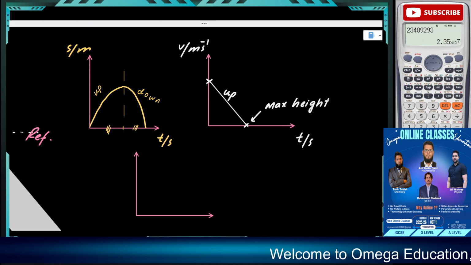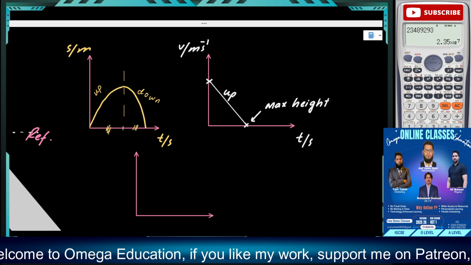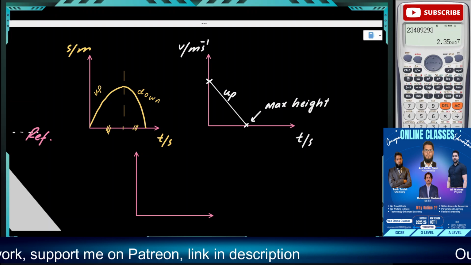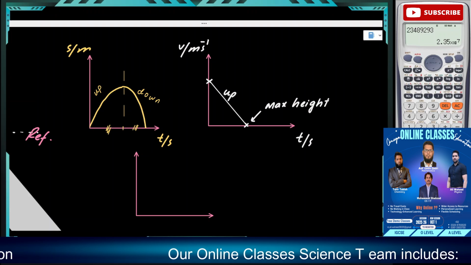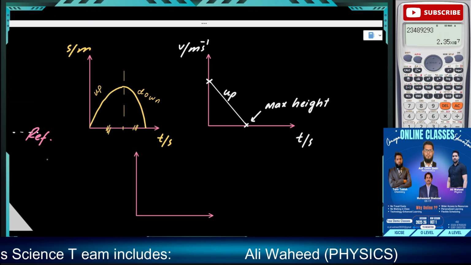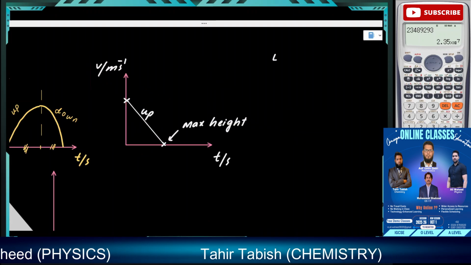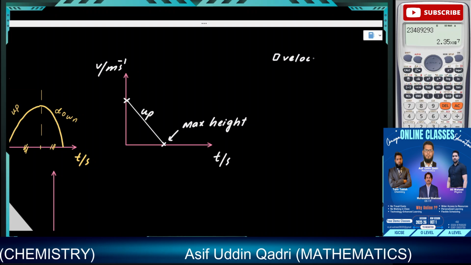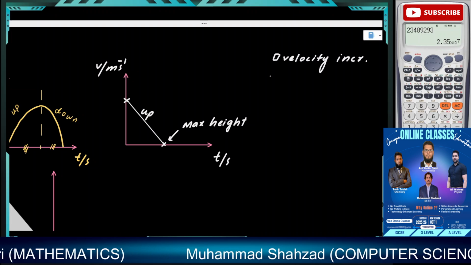What happens afterwards in the second stage? When the ball is at the maximum height, now it falls downward, and this time there would be 2 changes. One of the changes would be that this time the velocity should increase as it falls downward.